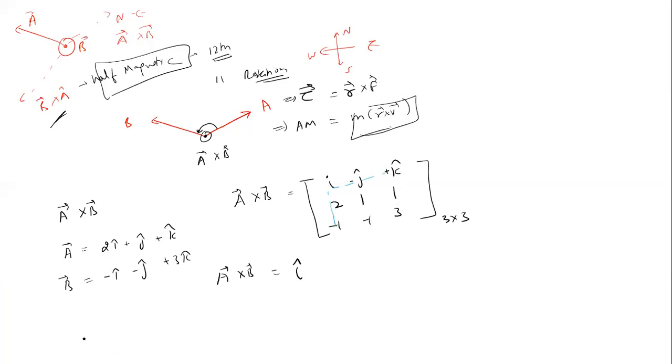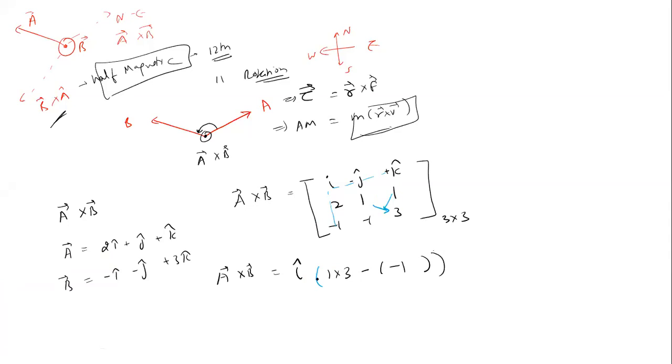Then you have to cross multiply. This means 1 into 3 minus of minus 1 into 1. Minus of 1 into 1 is minus 1. Okay, this is I cap.